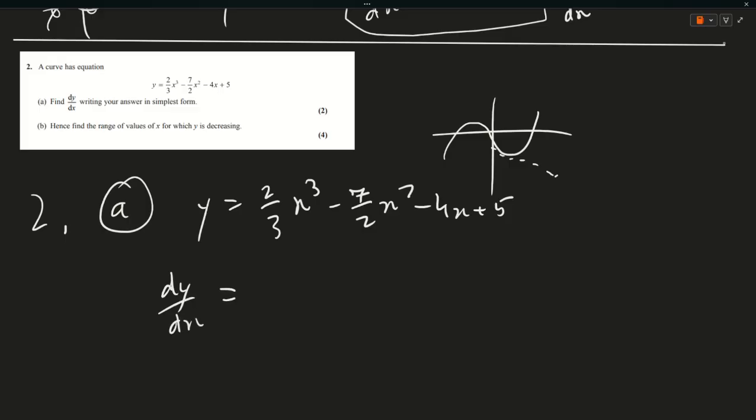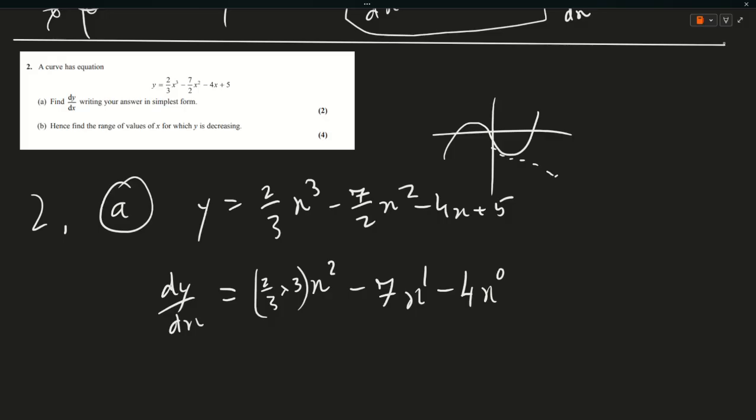We have 3 times 2/3 makes 2, x to the 3 minus 1 is 2, minus 7 over 2 times 2 gives us 7x to the 1, minus 4x to the 0.